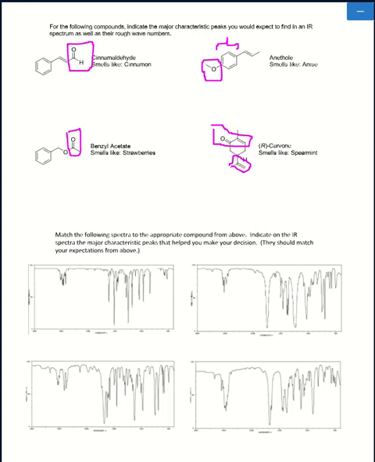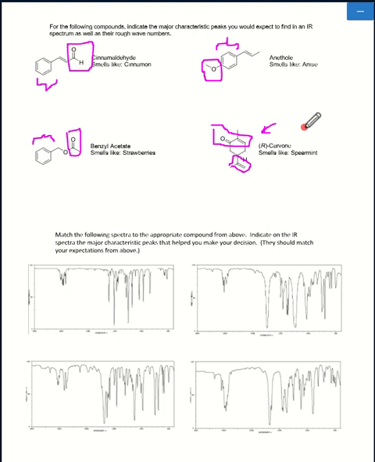A nice little hint is that if you do try to look for a benzene series of peaks, the one in the bottom right would be the only one that does not have a benzene, because it does not have a 6-sided ring where each carbon has a double bond. But really, try not to focus on the benzene ring. That's more for if you want to get into the very niche interpretation of IR.